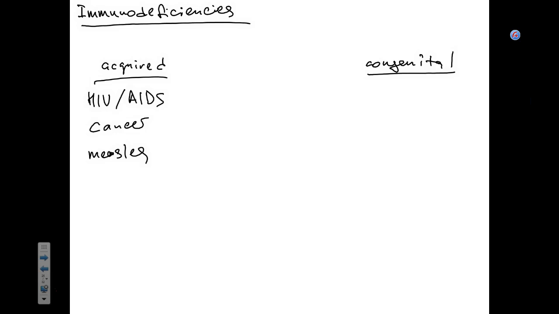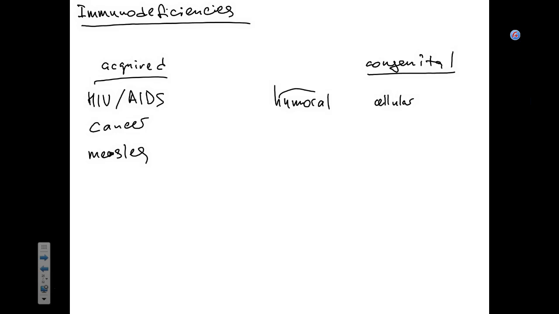Now, what about congenital? These you are born with. What two major branches of immune response do we know? You are talking about the two branches of adaptive: humoral and cellular.